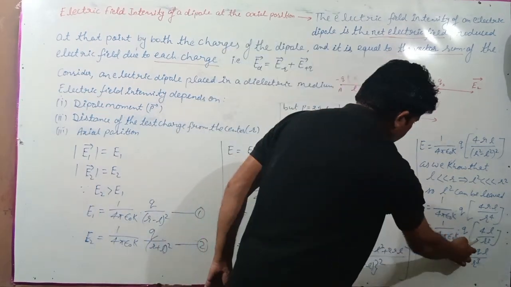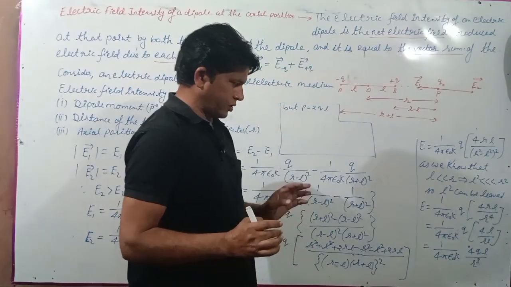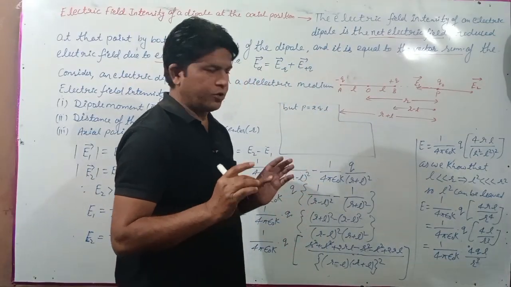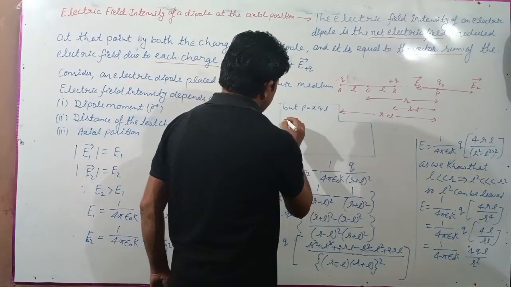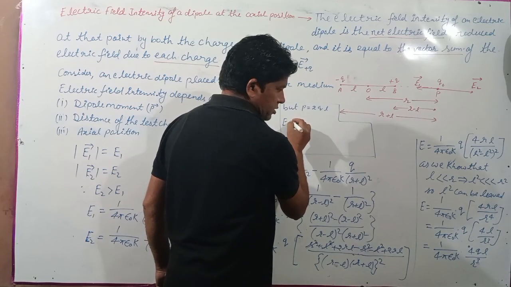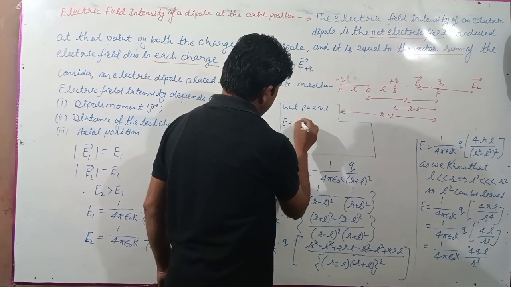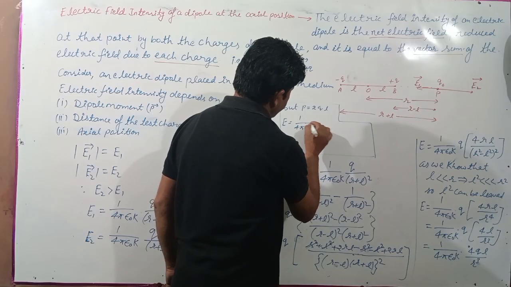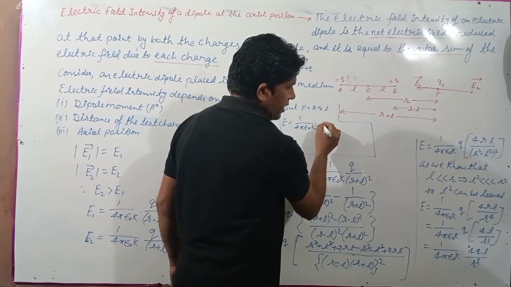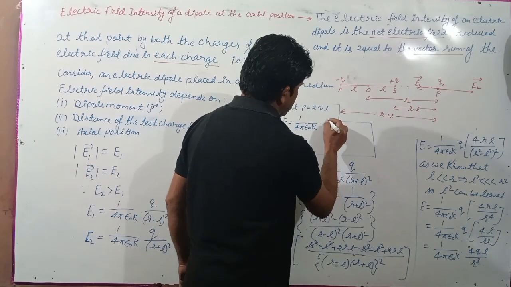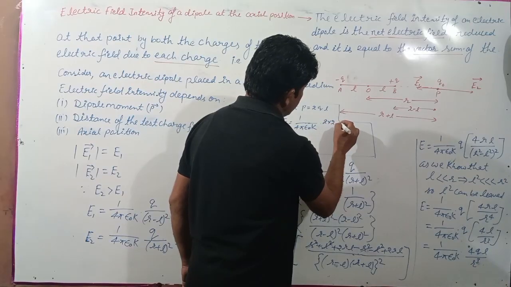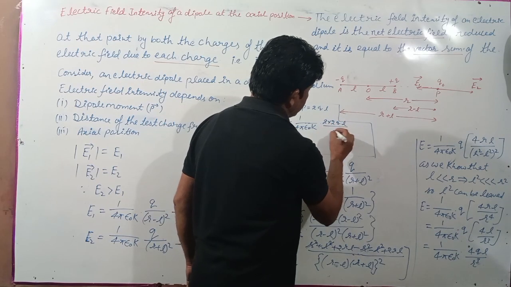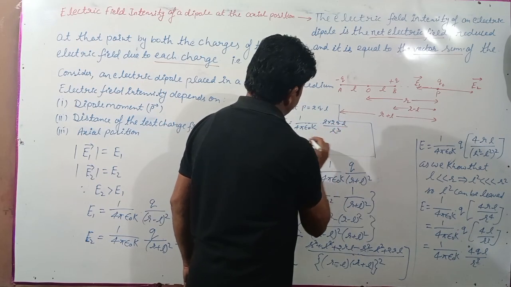So here 4 is a product of 2 into 2. So we can write E is equal to 1 upon 4 pi epsilon naught K 2 into 2QL upon R cube.